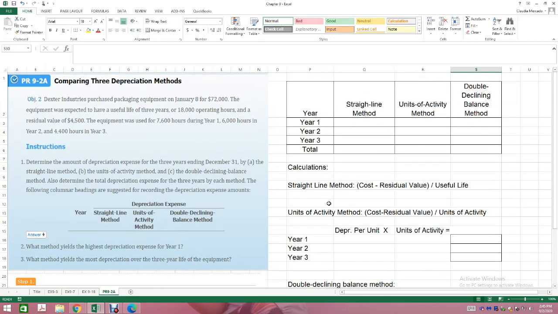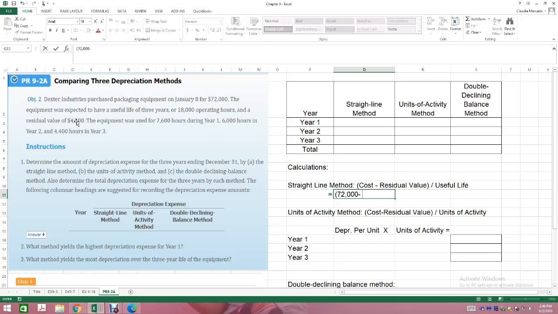Okay. So the first thing we're doing is the straight line method. Okay. The straight line method is your cost minus your residual value divided by your useful life. Okay. So let me move this over here. So the cost of this asset is $72,000 less the residual value.